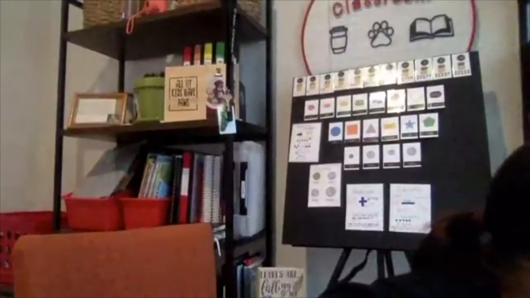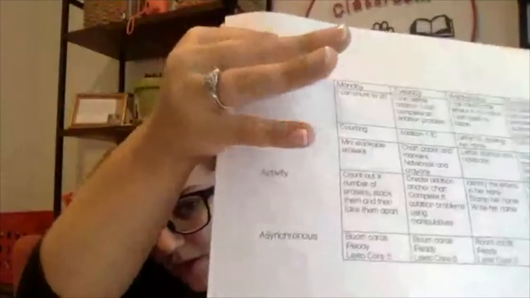But anyway, that is what I've been doing for my lesson planning for distance learning. My lesson planning template, I can show you. So I'm going to block out the student's name. But the template I've been using has objectives, IEP goals, materials, activity, and then their asynchronous.